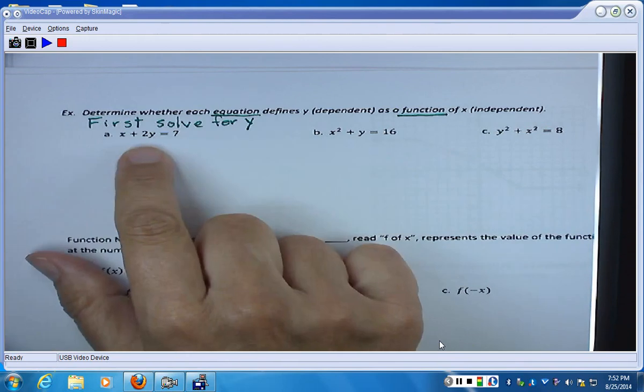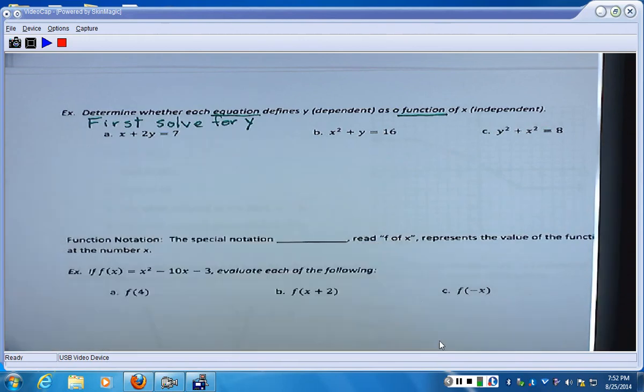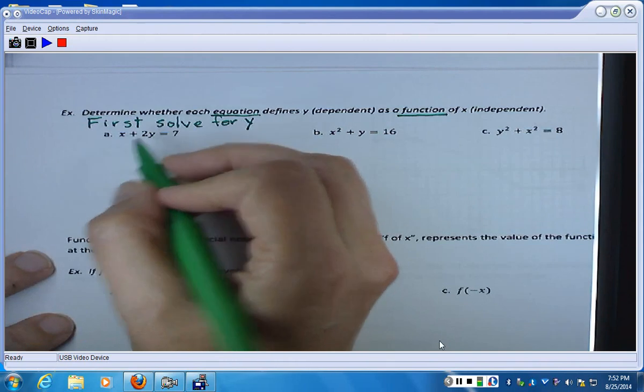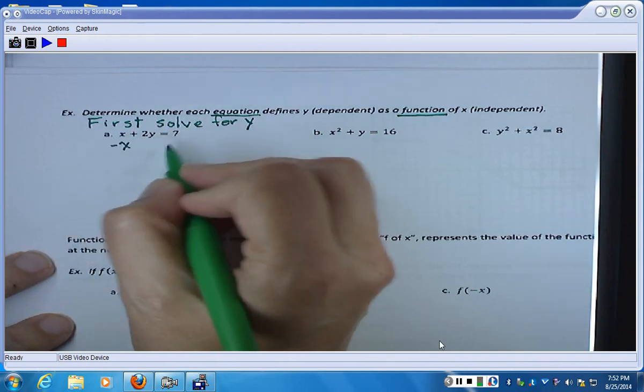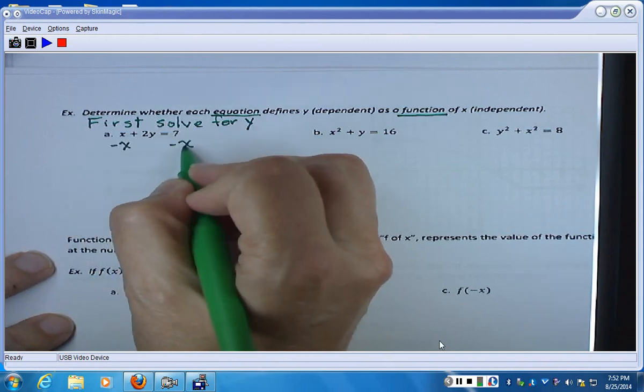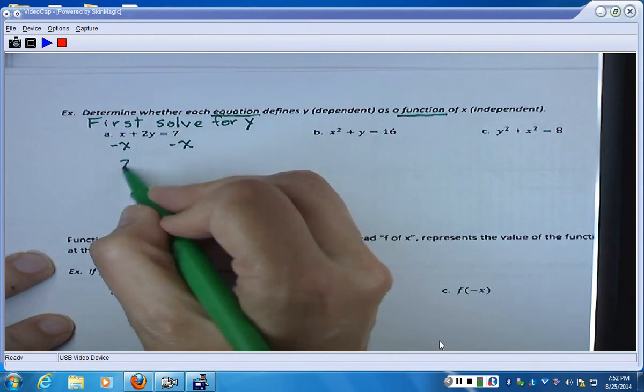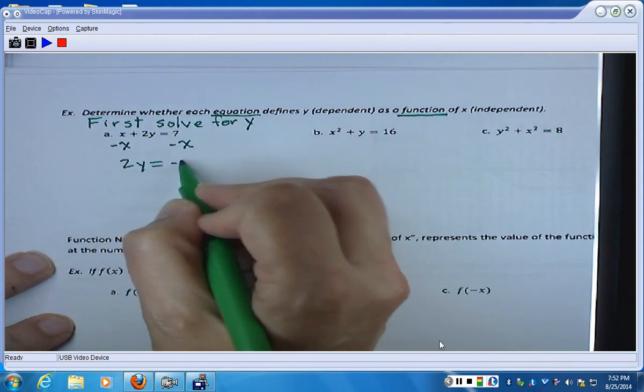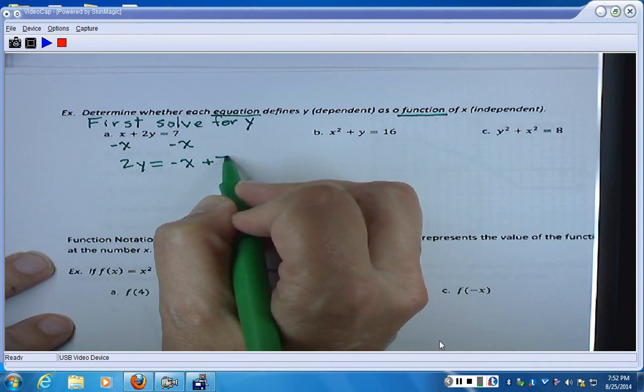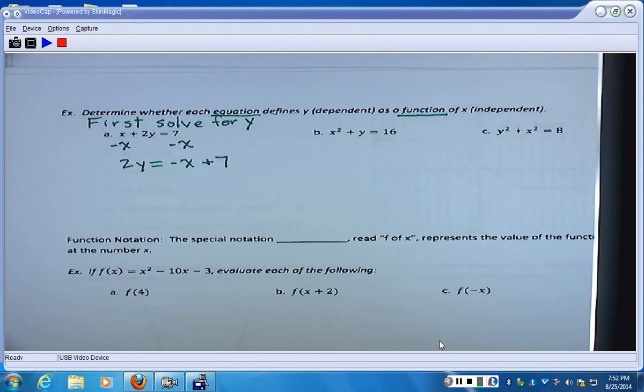So to solve x plus 2y equals 7, we want to get the 2y by itself, so we subtract x from both sides. So 2y equals negative x plus 7. Now you're going to divide by 2 to get the y by itself.